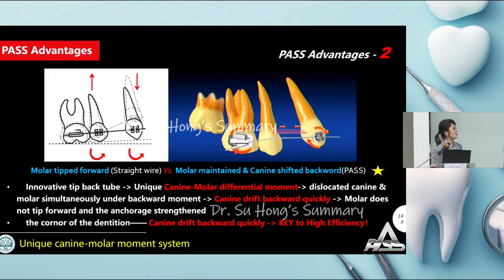Then the canine drifts backward quickly, and the molar doesn't tip forward, and then the anchorage is strengthened. I think the canine, the corner of the dentition, drifting backward quickly is a very crucial key for high efficiency. So that's a very crucial advantage of the PASS system.